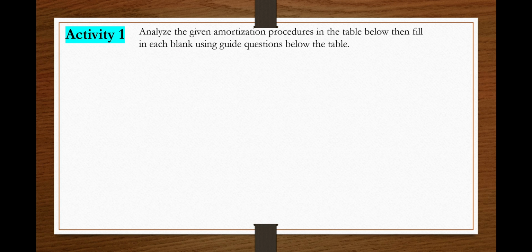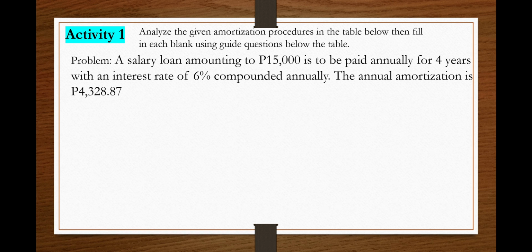And for your activity, you're going to analyze the given amortization procedure in the table below. The problem is a salary loan amounting to 50,000 to be paid annually for 4 years with an interest rate of 6% compounded annually. And the annual amortization is 4,328 pesos and 87 centavos.